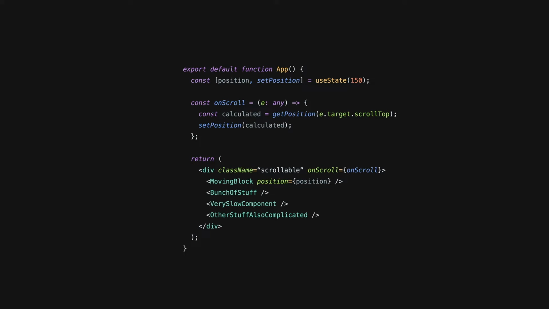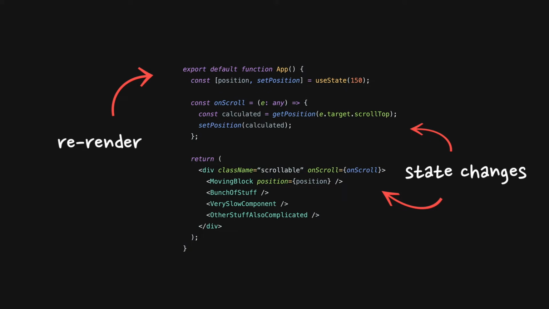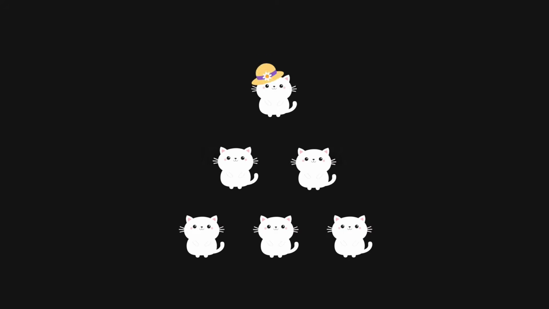From the first episode that covers how React re-renders nested components, we can already tell why this block behaves so badly. On every scroll, we are changing the state. Every state change causes a re-render of the app component, and that causes all the components rendered inside it to re-render themselves. As always, every component down the render tree from the component with the state will re-render.